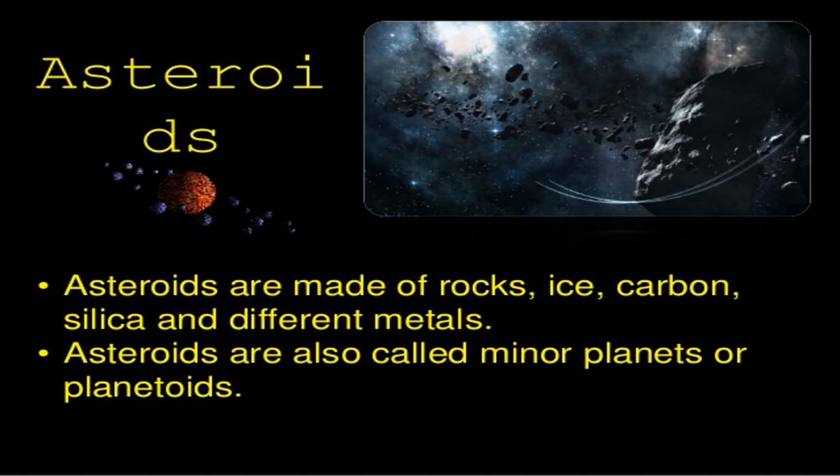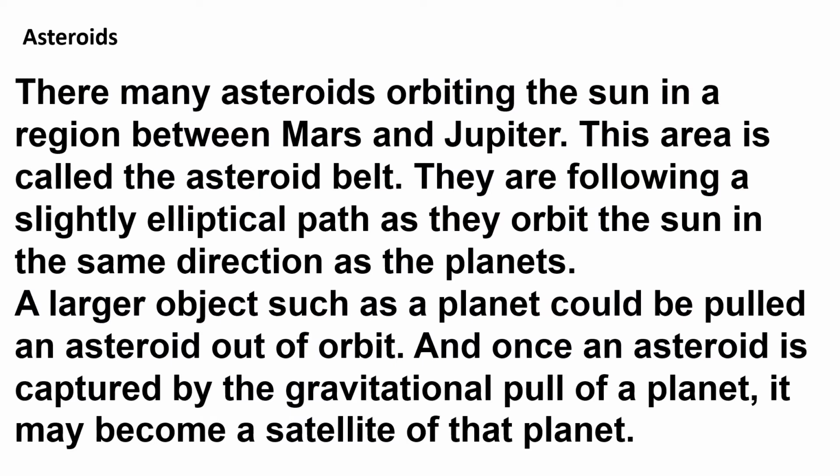Asteroids are made up of rocks, ice, carbon, silica, and different metals. Asteroids are also called minor planets or planetoids. There are many asteroids orbiting the Sun in a region between Mars and Jupiter. This area is called the asteroid belt. They follow a slightly elliptical path as they orbit the Sun in the same direction as the planets.